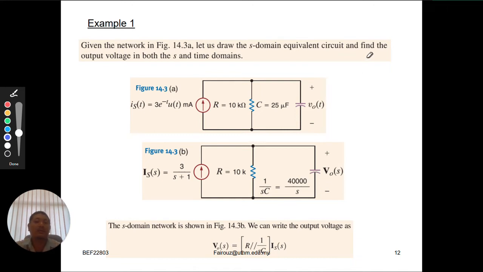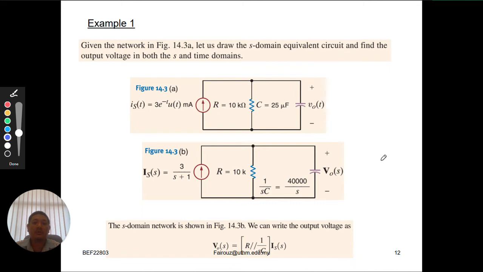All right, now the question asks us to find the output voltage both in S and time domain. So this here is the output voltage in time domain, and this is in S domain. So we have to obtain these two.